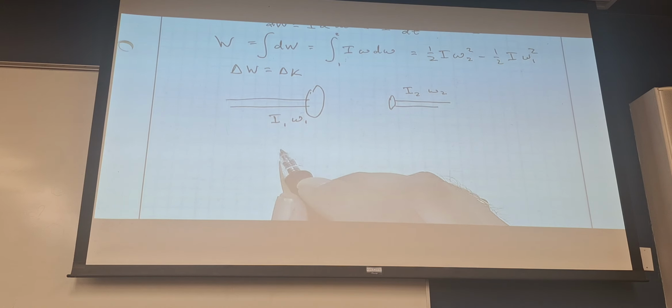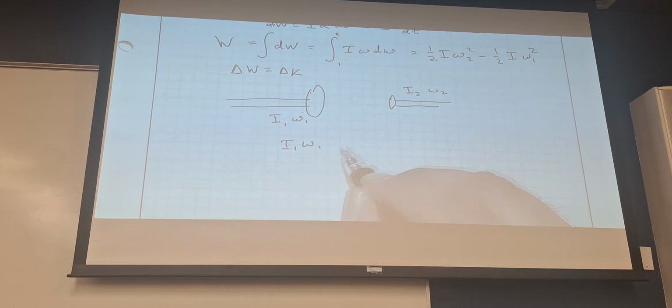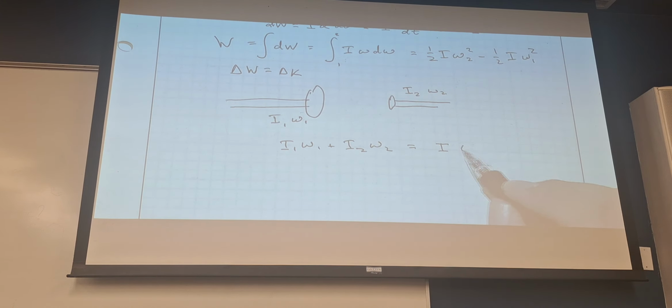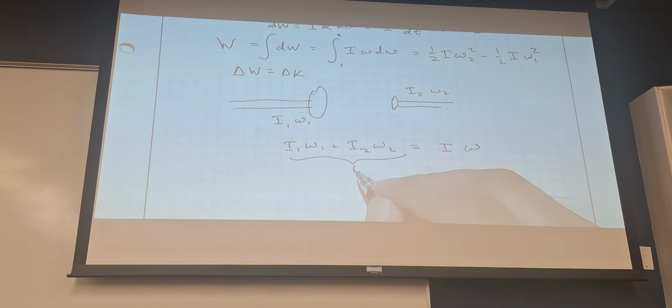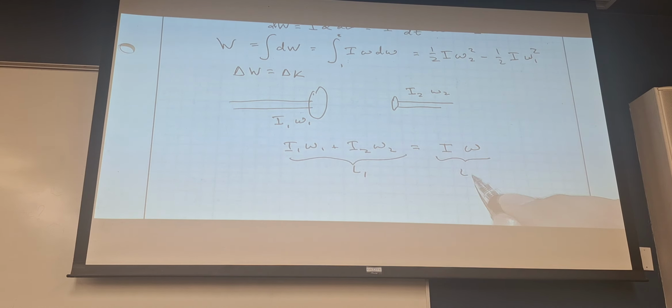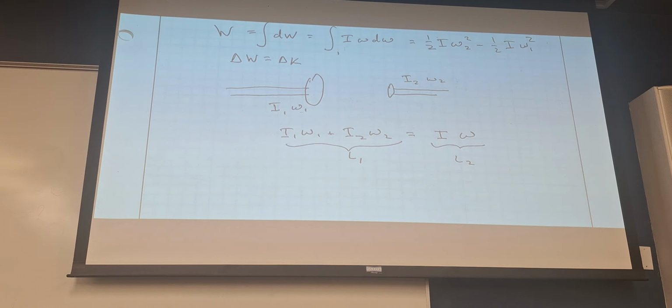So you have I_1 omega_1 plus I_2 omega_2. And then when you combine them, you get some new I and a new speed. So total angular momentum, L initial, L_1, has to be equal to L_2. I know I haven't derived L yet, but I just wanted to point this out.